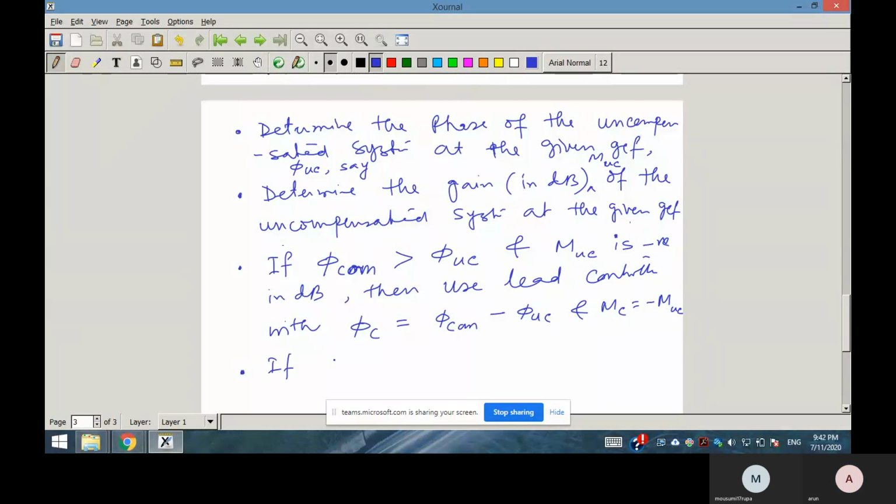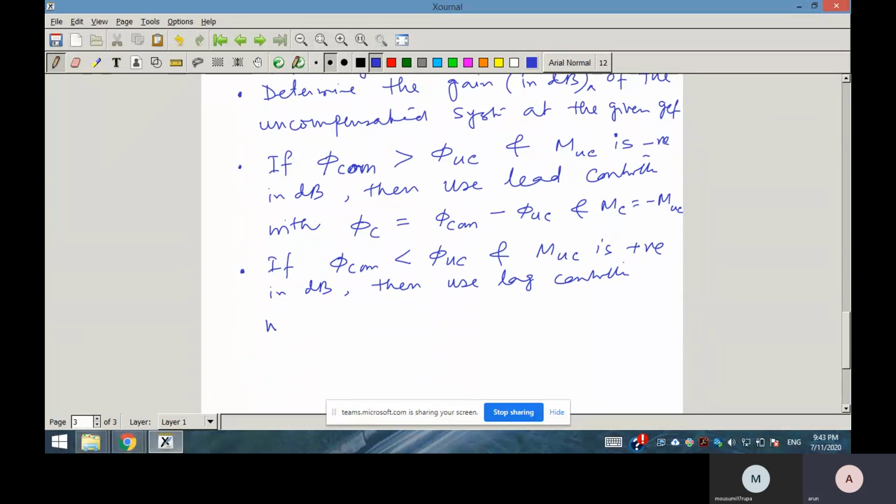Similarly, if phi com is less than phi UC and MUC is positive in dB, then use a lag controller, where phi C equals phi com minus phi UC, which is now negative.